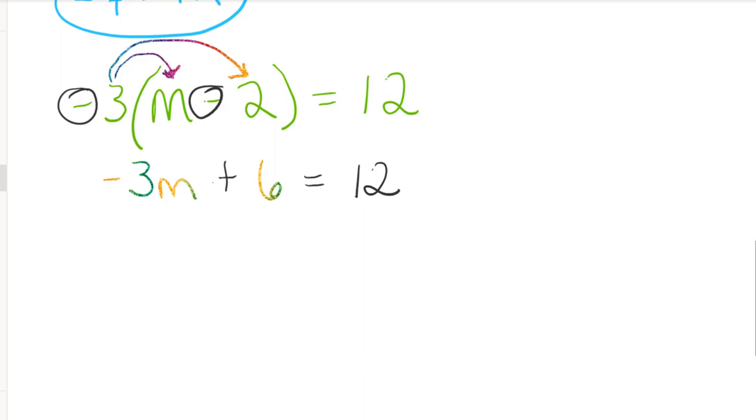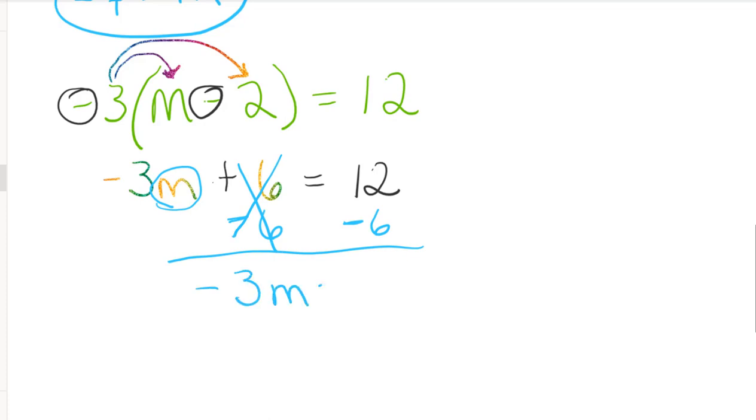Okay, so now we're down to our basic two steps. So we have our variable is m. We have plus 6, so we have to do the opposite, which is minus 6. Those cancel. I get negative 3m equals 12 minus 6 is 6.